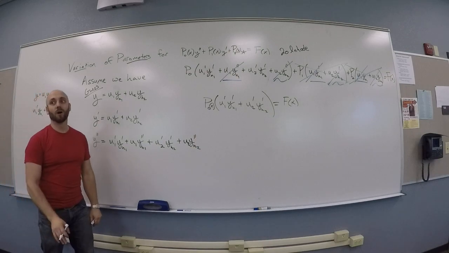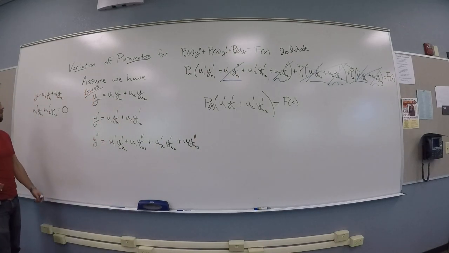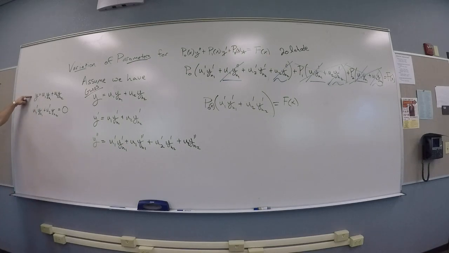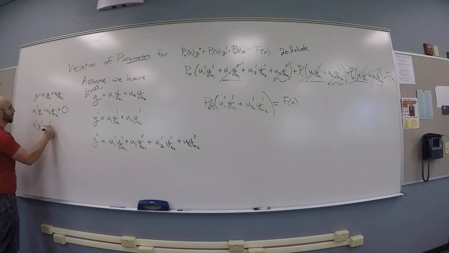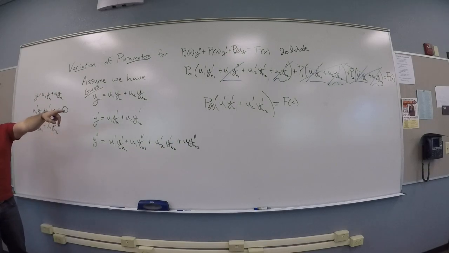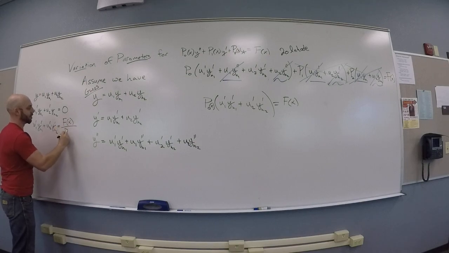Okay, so when you're doing variation of parameters, the three things you need to write down are your guess, the thing you assumed was 0, and this third thing, which is u1 prime yh1 prime plus u2 prime yh2 prime, and that needs to be the non-homogeneous part divided by the first coefficient. So f of x over p naught of x.